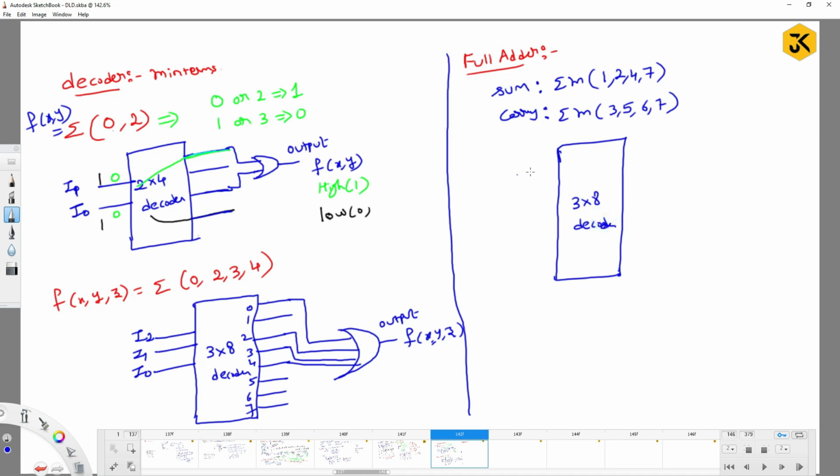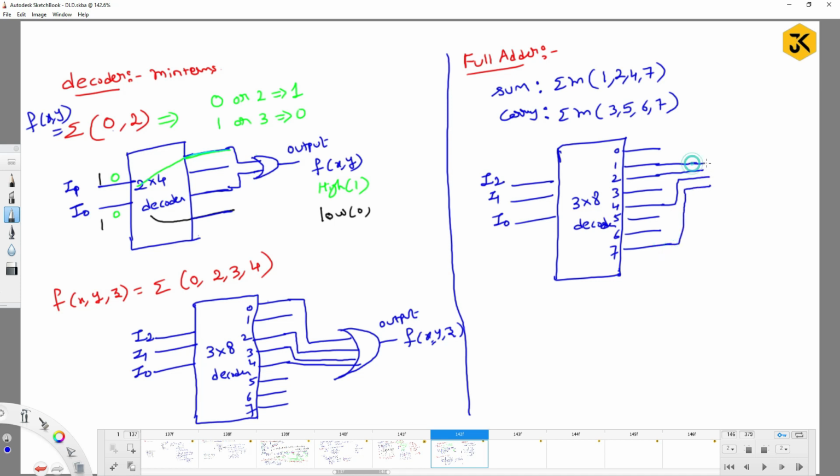So with the 3x8 decoder, we have the inputs I2, I1 and I0. The output lines range from 0 to 7, right? To get the sum, I need to connect outputs 1, 2, 4 and 7 together, and you are going to get the sum value, right?